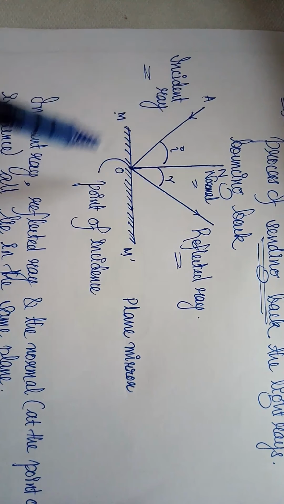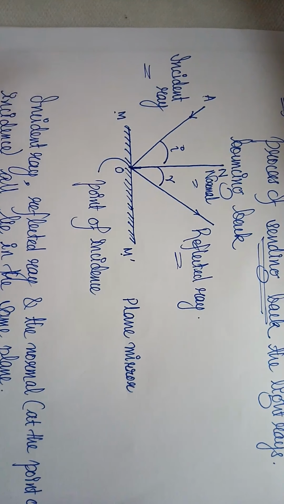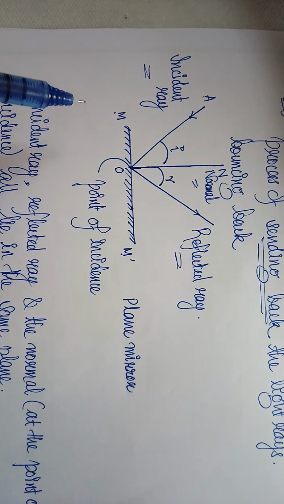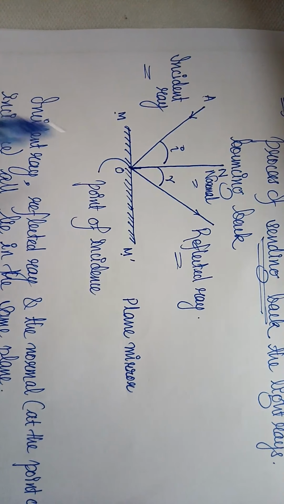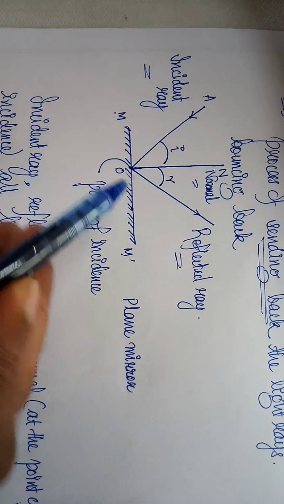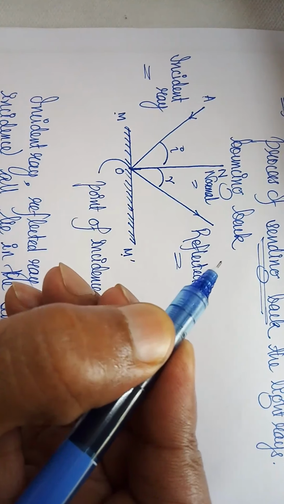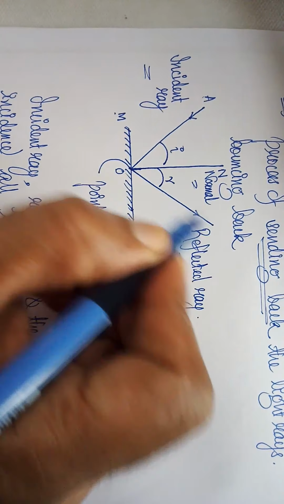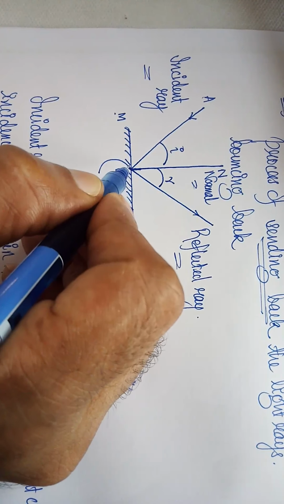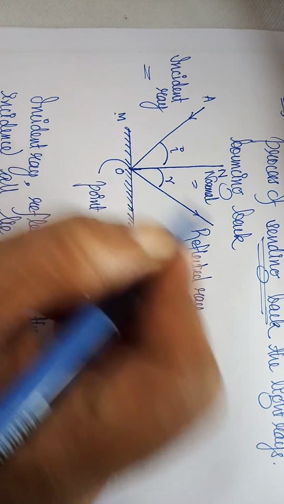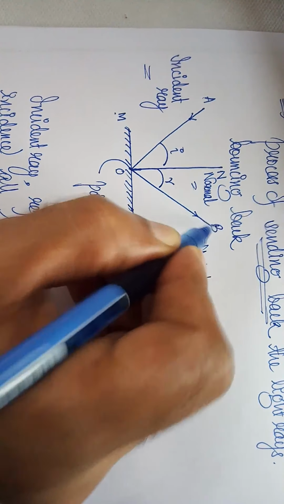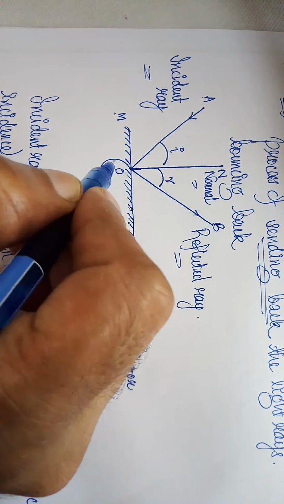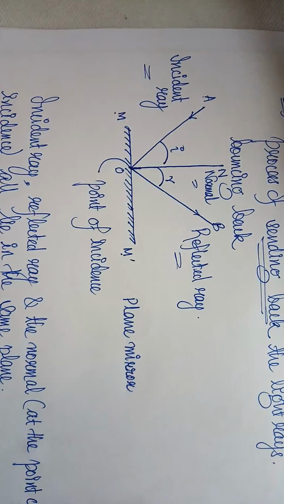Here AO is the incident ray and it is hitting at the point O on the mirror surface. And the ray which is coming back to the same medium, that is OB, is known as the reflected ray.